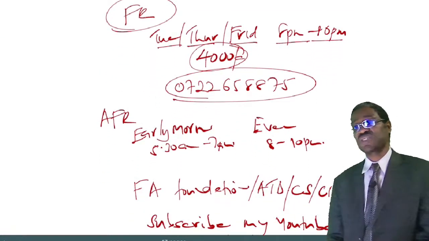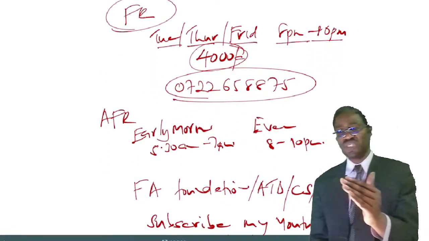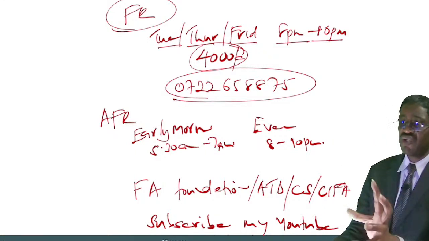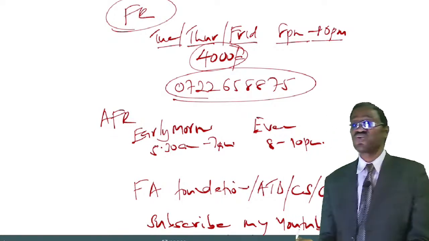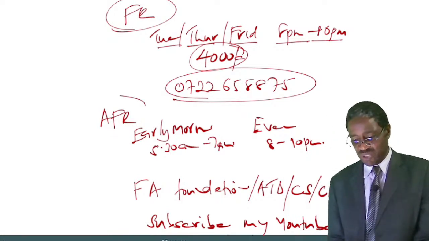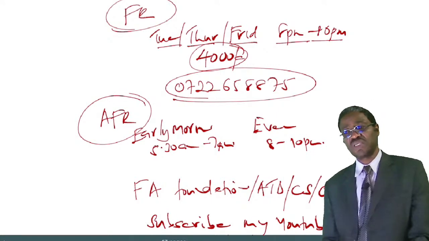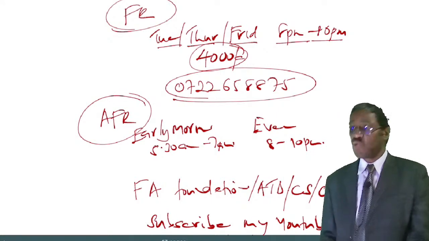I think I'm through with what I wanted to talk about to the new students, what our program is, that we teach financial reporting of this intermediate. I've given you the dates, the cost, and my contact if you want to talk to us. Then I've talked about advanced financial reporting for your friends who would wish to do it.